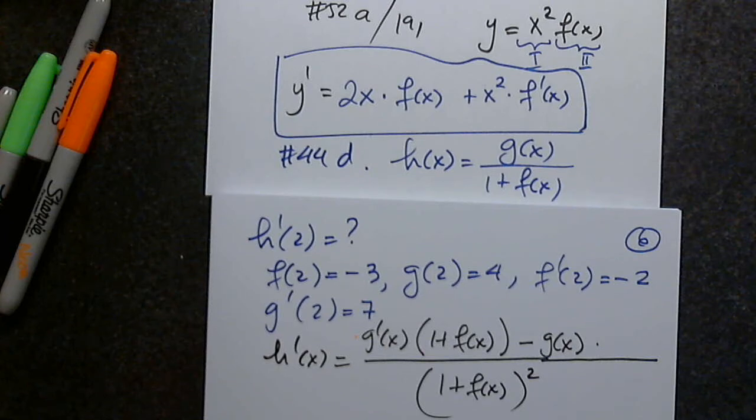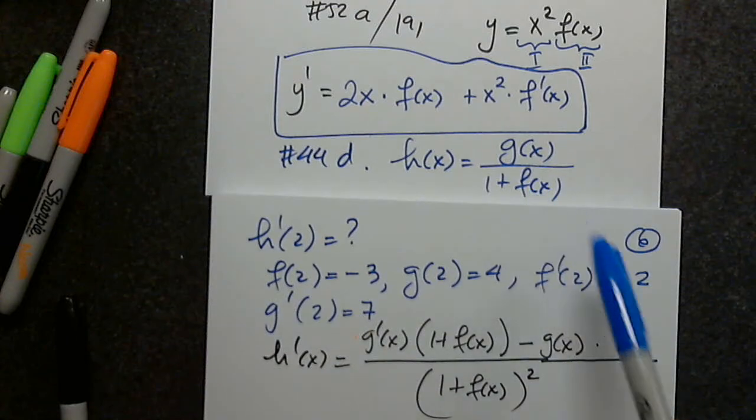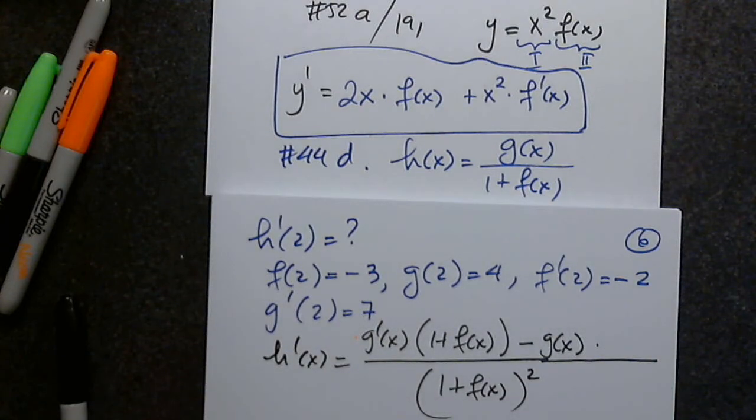Can anyone give us the denominator prime? So the top function prime times the denominator minus the top times the denominator prime, which is f prime of x. Only now can I find h prime of 2.